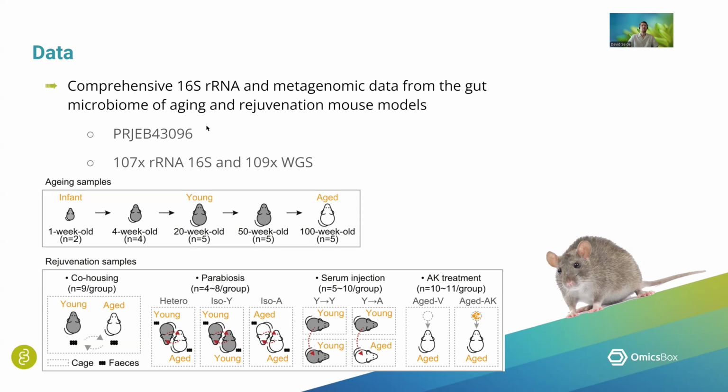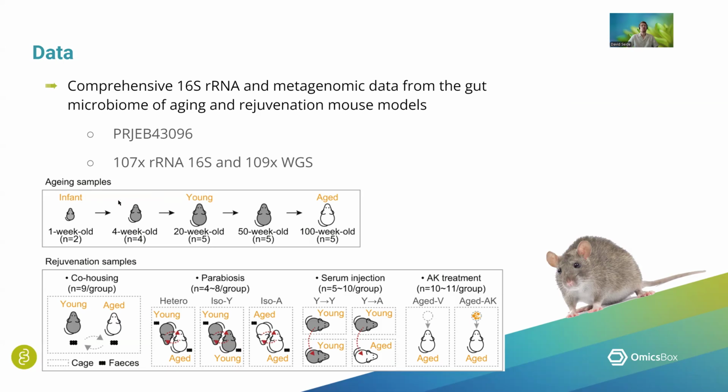And they uploaded the data under this project name, where they deployed over 100 16S rRNA samples and over 100 samples that have been sequenced with whole genome shotgun sequencing.